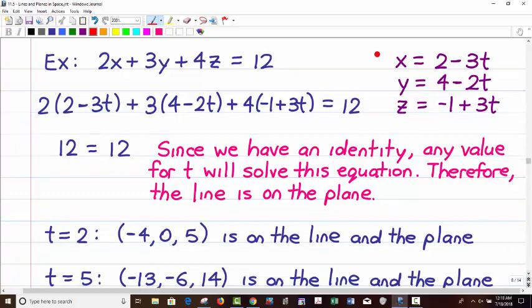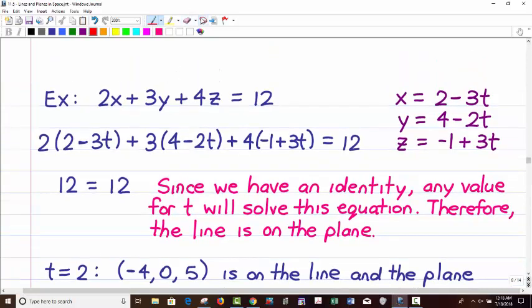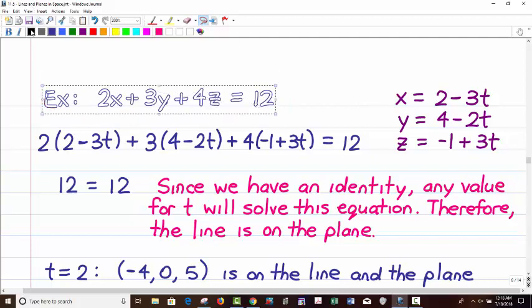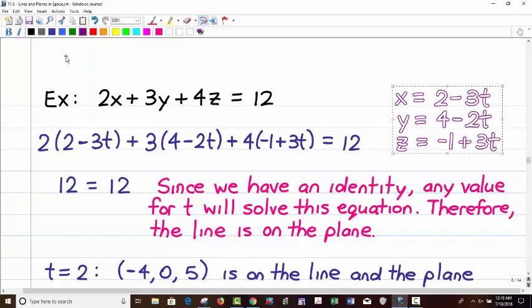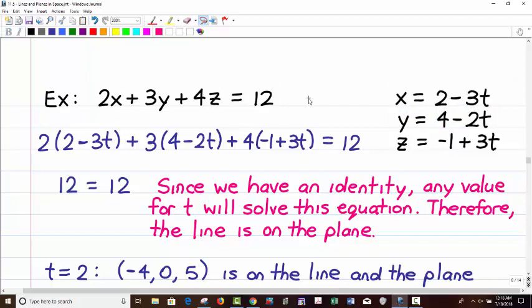So here's another one, same process. We substitute the values in the parametric into the plane, and we have a situation now. The t's cancel just like the last one, and we have this as an identity. That's kind of like back in algebra.